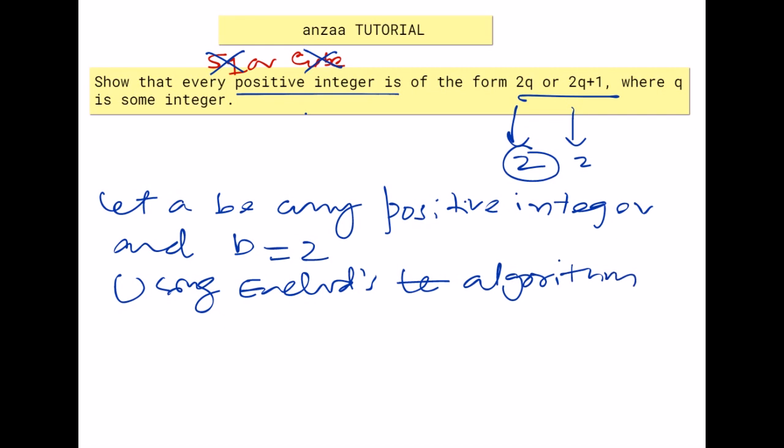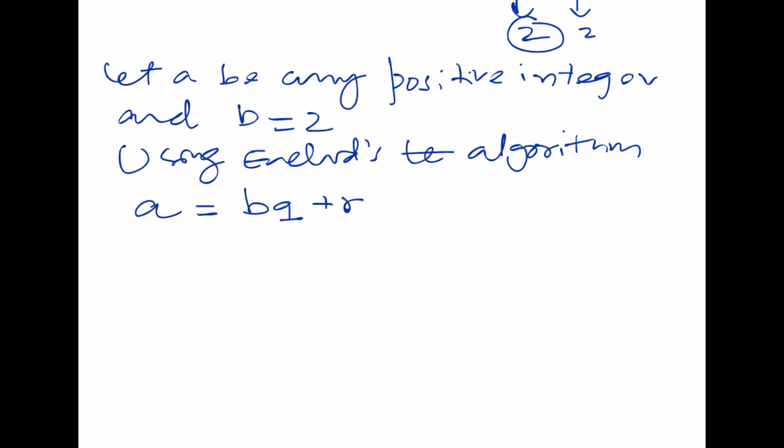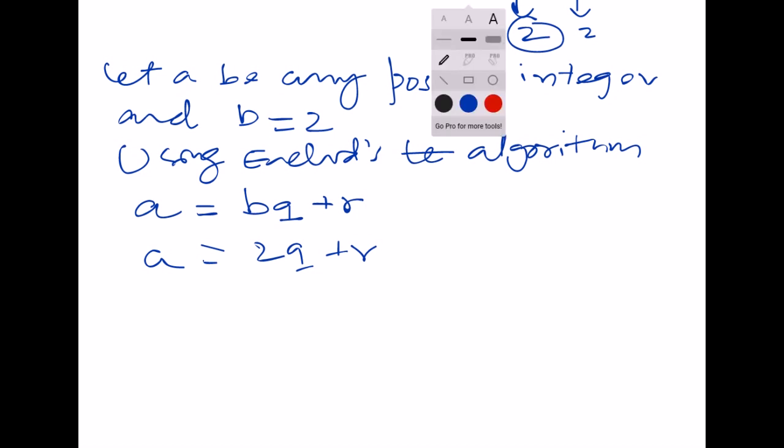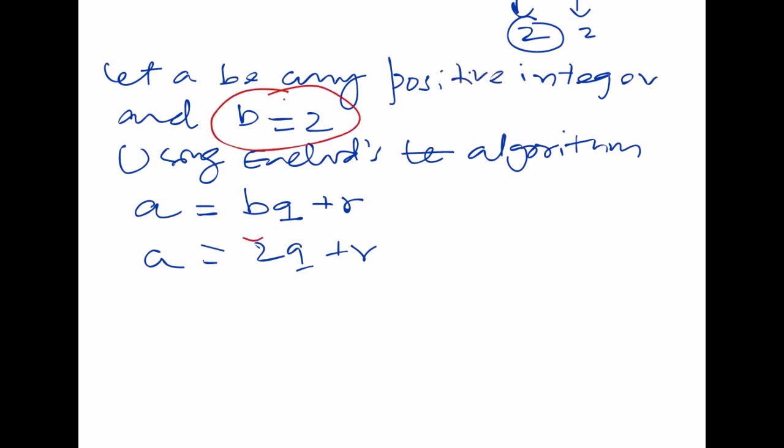Okay, guys, you know what that algorithm is: a is bq plus r. In this question, we have the value of b as 2. Simply we are putting the value of b from here, so here it is a equals 2q plus r. It is very simple. You must not get confused.